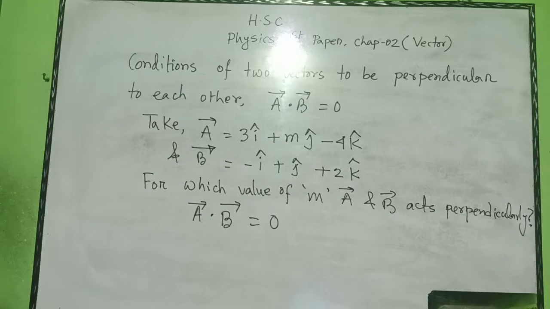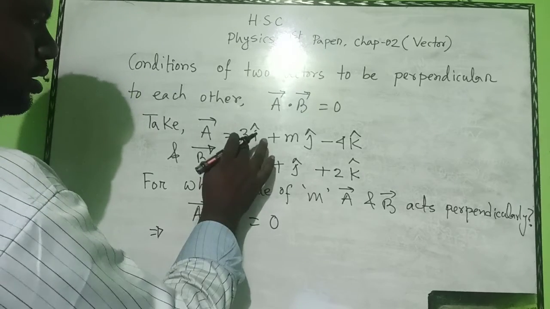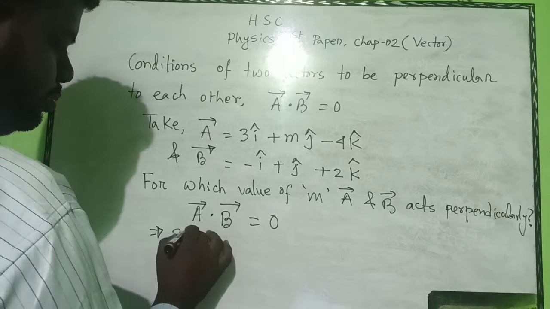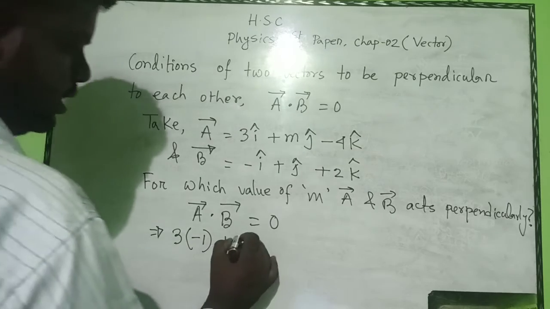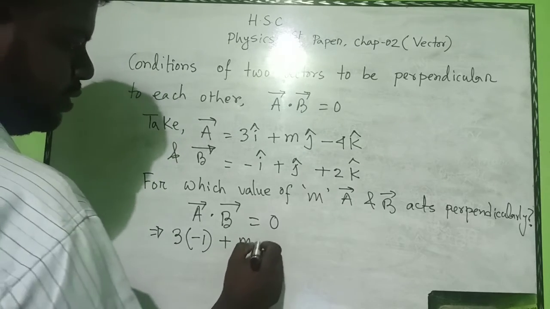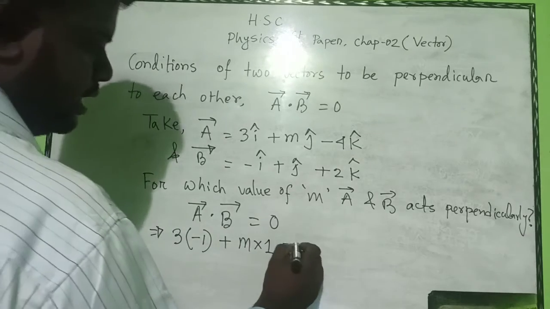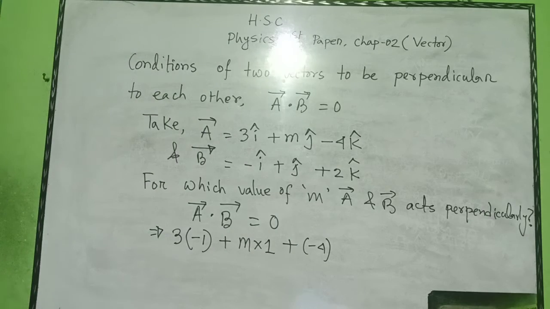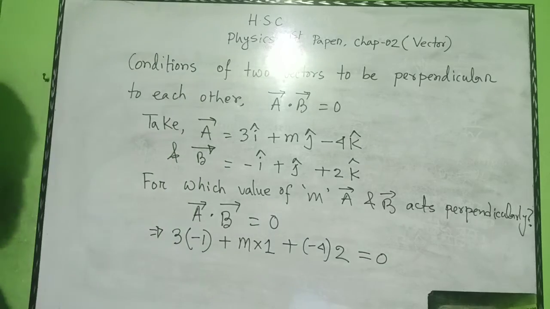So now I take the dot product of these two vectors, that is AX into BX, that is minus 1, plus AY, that is m, into BY, that is 1, plus AZ, that is minus 4, and BZ, that is 2, total equals 0.